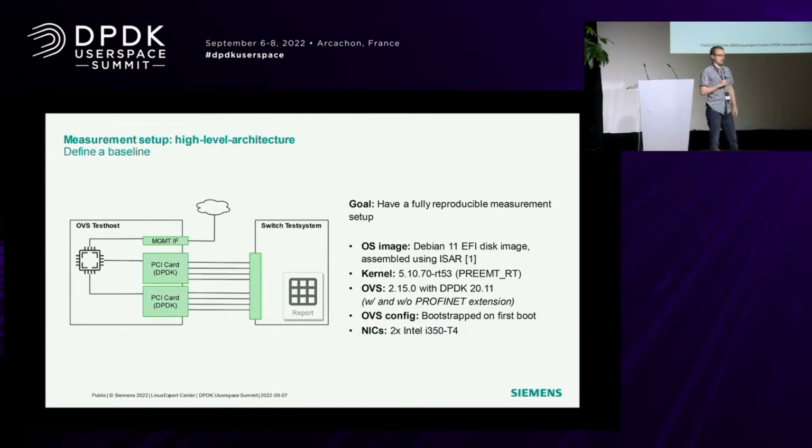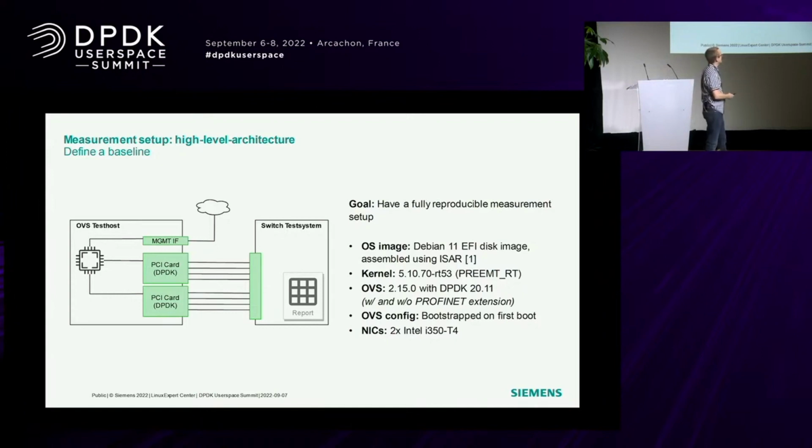And then we hooked up two Intel i350 cards, so in total we got 8 physical ports. And we just put all of these ports onto a single DPDK bridge with standard forwarding, which is just the MAC learning flow. If you look at the picture here, it looks like this, where on the left side you see the test system. That's the system we really want to evaluate, where we run the Open vSwitch.